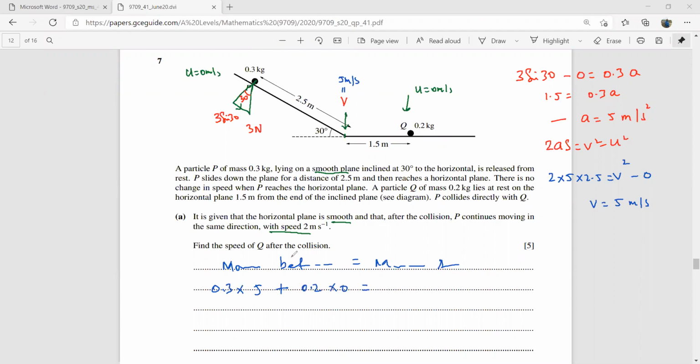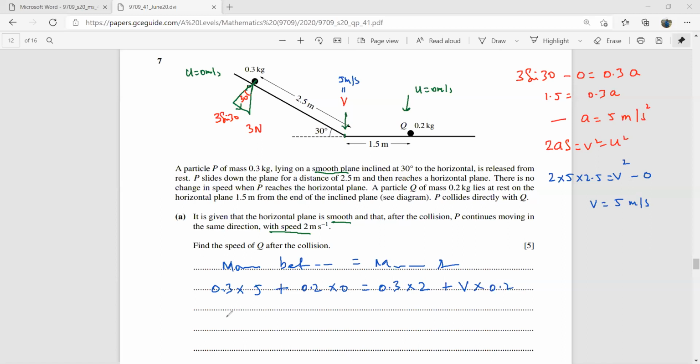Now once it has hit, it is given that P continues moving in the same direction with speed 2. So that means we have 0.3 into 2, plus we have to find the speed of Q. So let's put that V times 0.2.